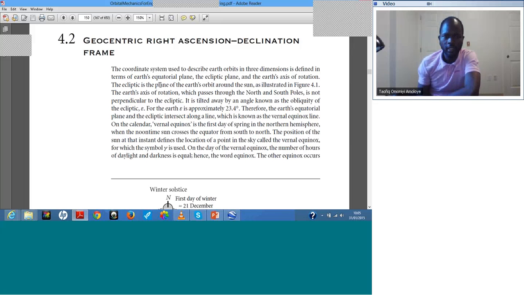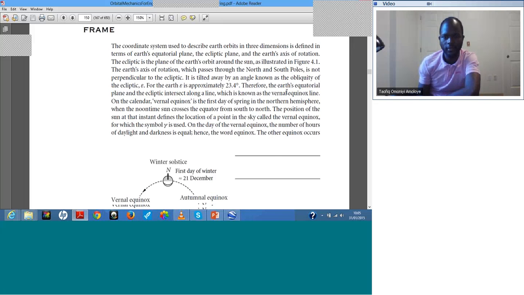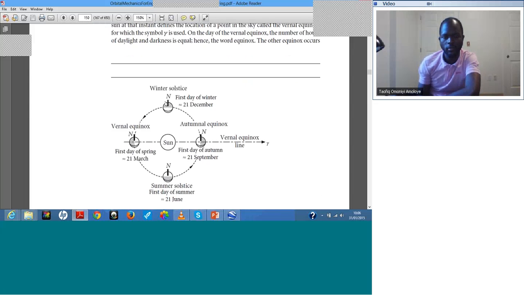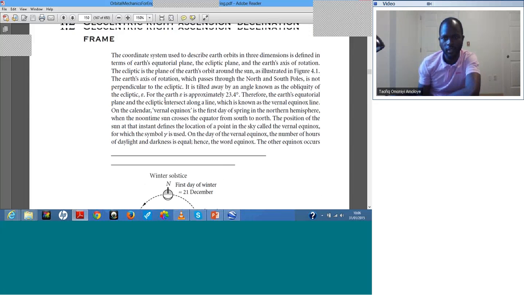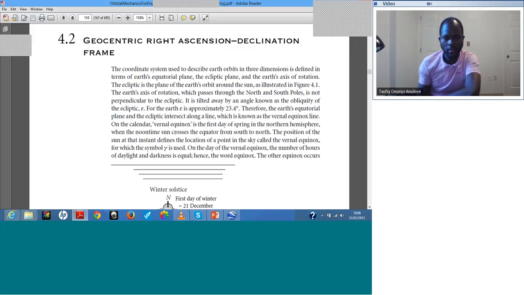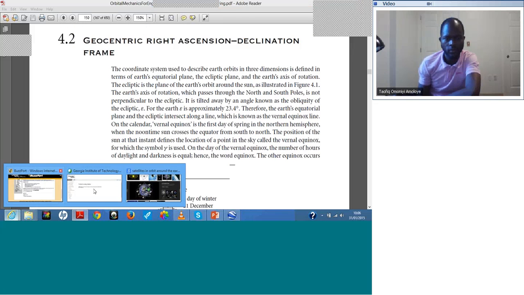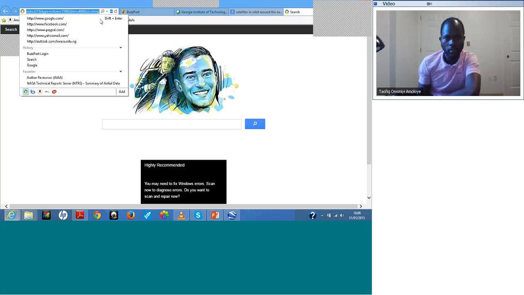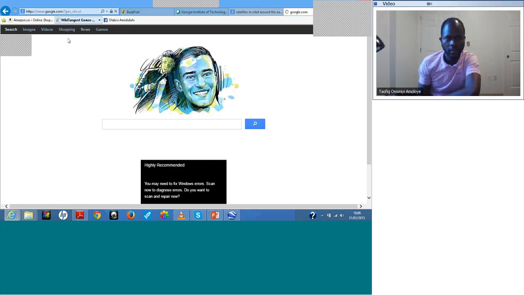So the ecliptic is the plane of the Earth's orbit around the Sun, as illustrated in figure 4.1. If I just quickly go to the internet to try to get a better picture, which might be used to explain what the ecliptic plane means.